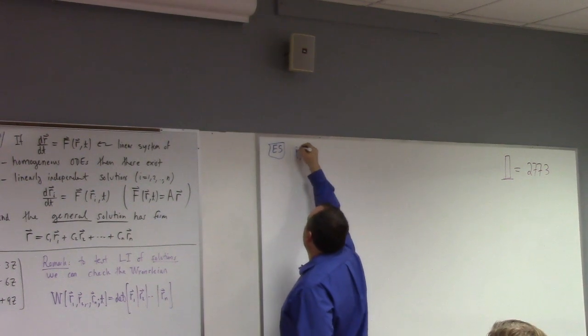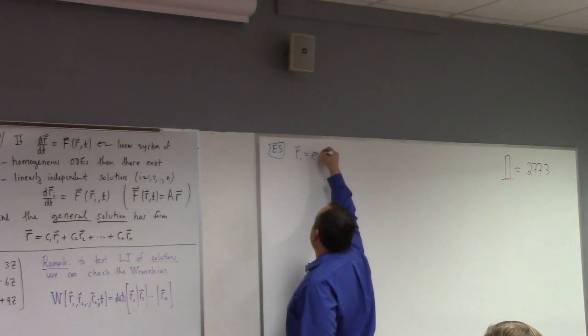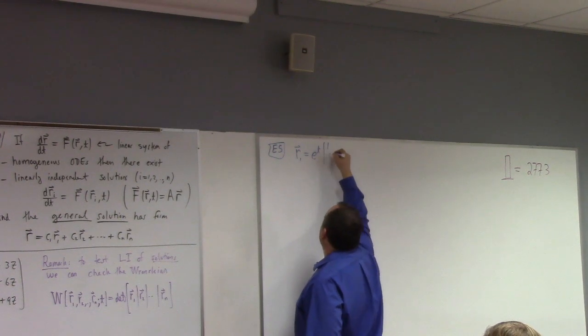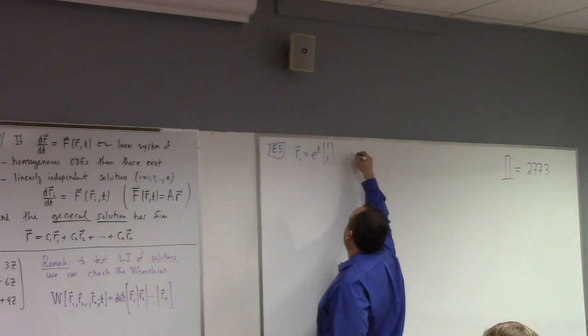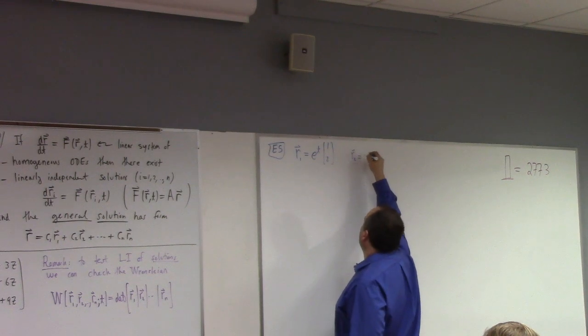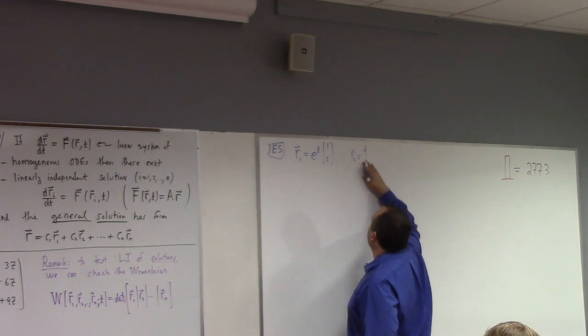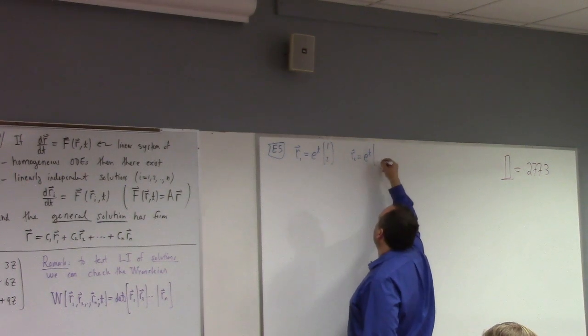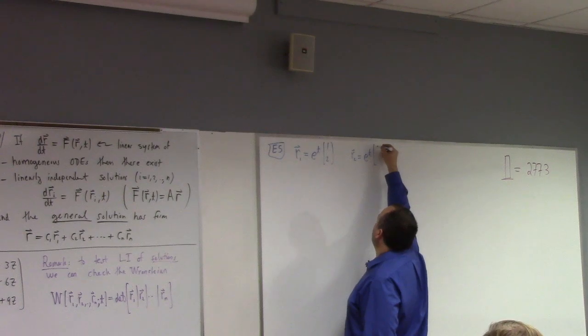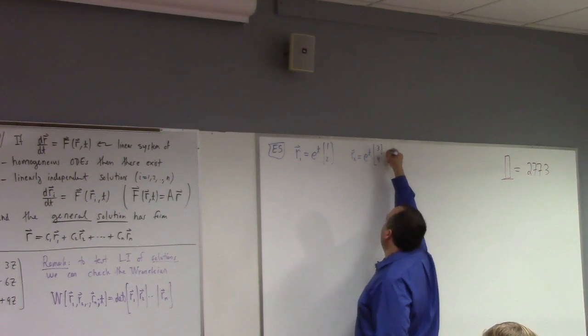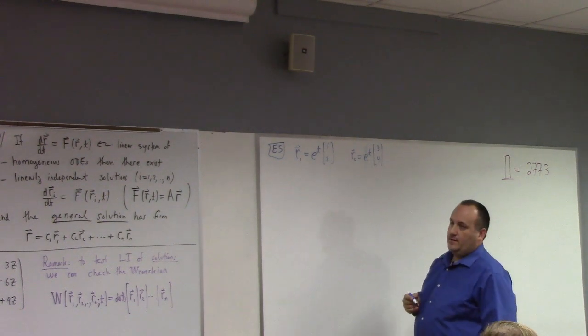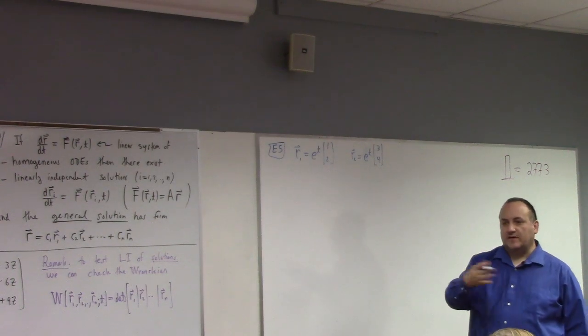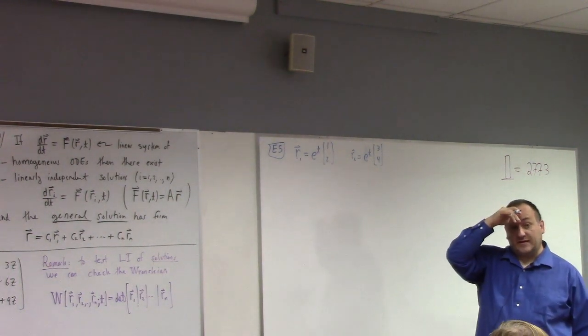Let's suppose we have R1 equals e to the t times (1, 2), and R2 equals e to the t times, let's say, (3, 4). So we can check: are these 2 functions linearly independent? Let's work it out.